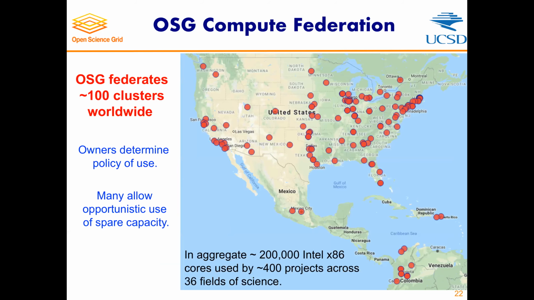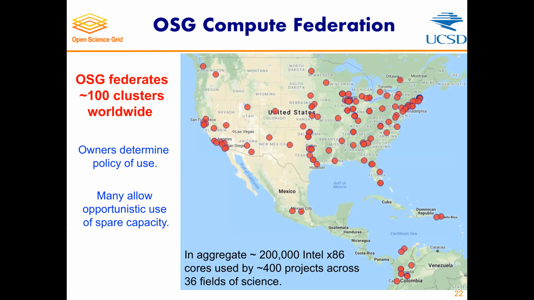At the same time as we federate all of this, the number one principle in OSG is owner's rule. We live in a capitalist society. Whoever owns resources, they determine policy of use. All policy is local. Many owners allow opportunistic use of spare capacity. That's the most common policy we see. But many also allow only dedicated use up to a certain max for certain stakeholders.